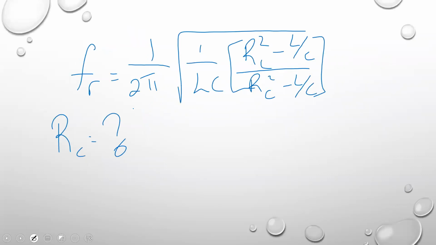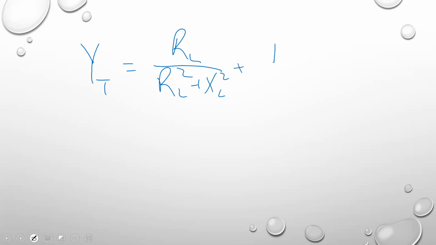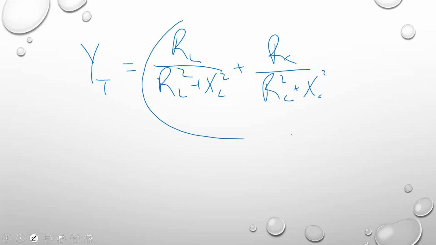Or, as was recommended by Mr. Thomas, having found RC, you could then use the expression for YT, because remember now, this is just the real portion you're interested in, would be RL over RL squared plus XL squared plus RC over RC squared plus XC squared, because this represents the real portion of the admittance.